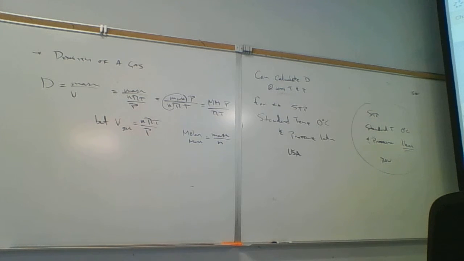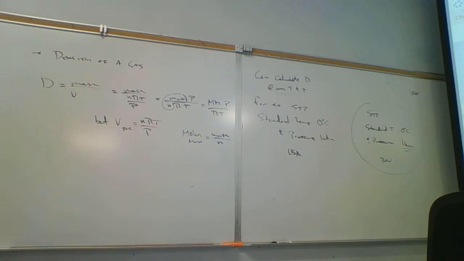And so we just plug everything in here. 32.00 grams per mole. Pressure, 1.40 atmospheres. R is our standard R, 0.08206 liters times atmosphere over mole Kelvin. And T, 322 Kelvin.